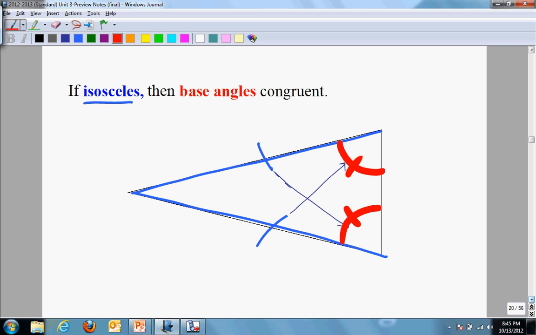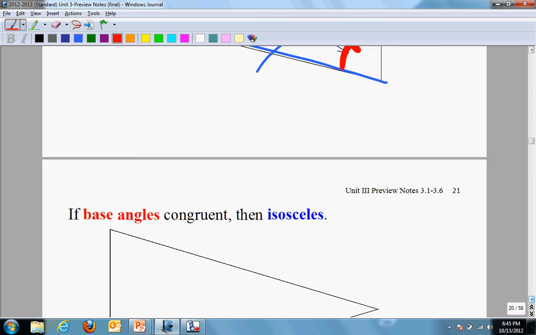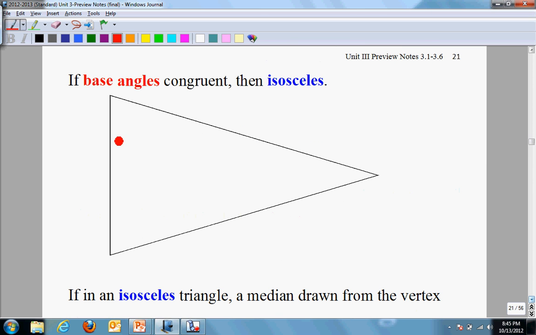If isosceles, base angles are congruent. Follow the hatch marks. If isosceles, base angles are congruent. The converse is also true. Here, I'd like you to trace the base angles, please, and mark them congruent.